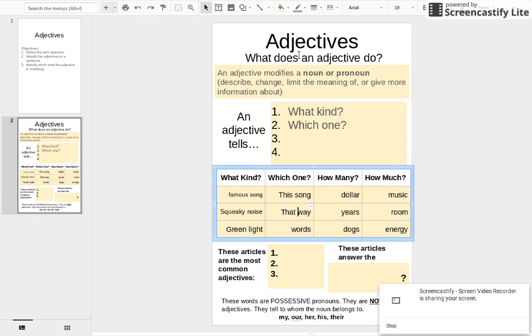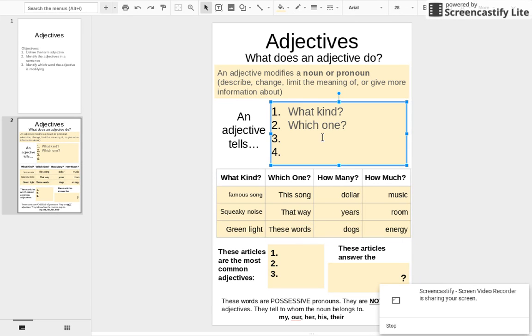It's an adjective that is modifying the word way. Which words are you going to read? These words. Those words. These describes the noun words.